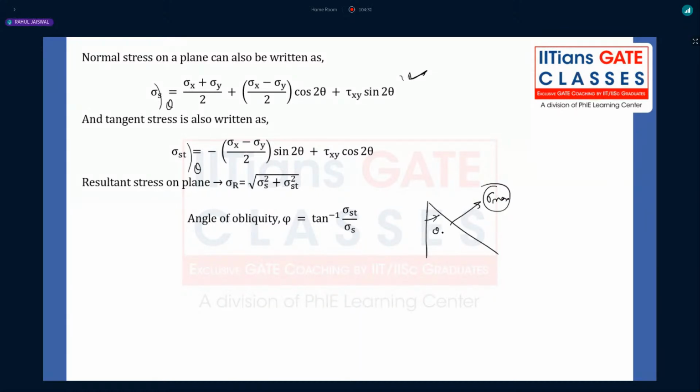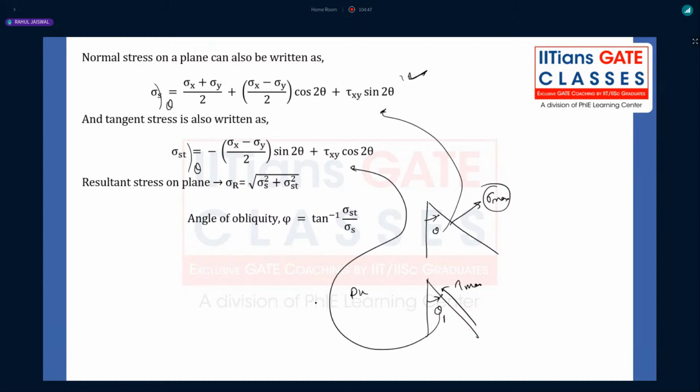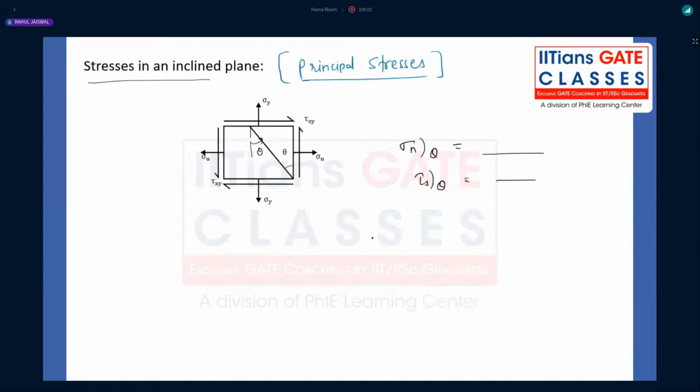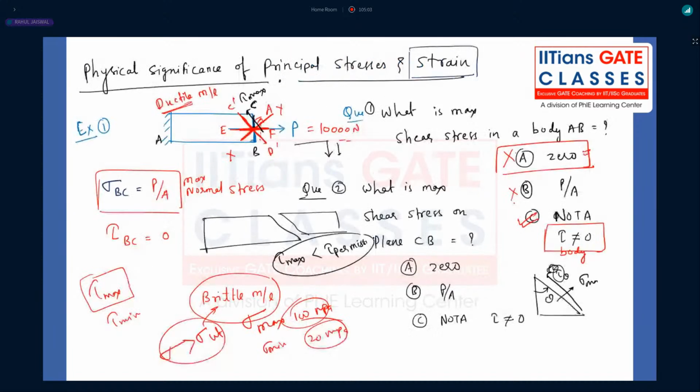You put the theta value in this equation and find the maximum normal stress, because brittle materials are very weak in tension. Again, for the ductile material, you find one plane on which maximum shear stress is acting. You put that theta 1 value here, and say, sir, I found that maximum shear stress. Now we cannot apply that much load. We need to lower it down. If I directly tell you, whether you might be understanding or not, you will not understand. That's why I'm explaining the physical significance of this topic beforehand. Getting my point?